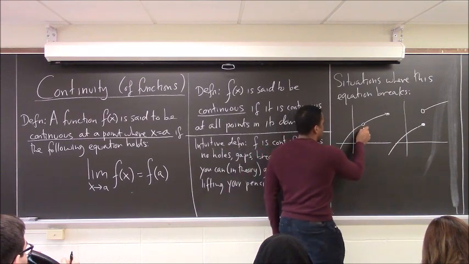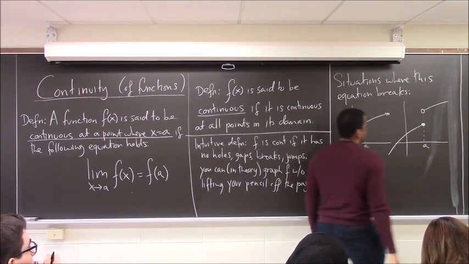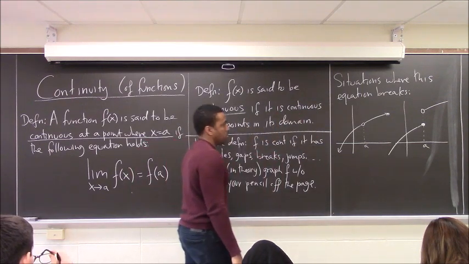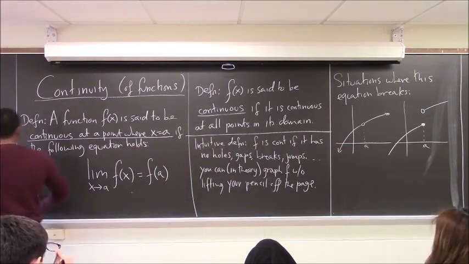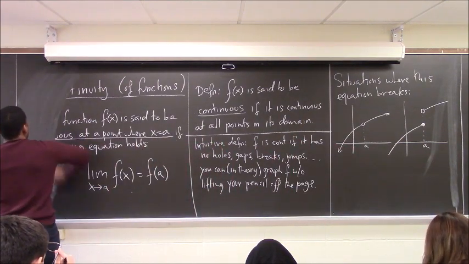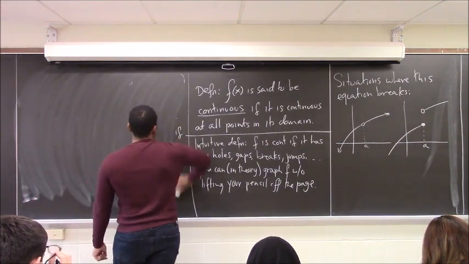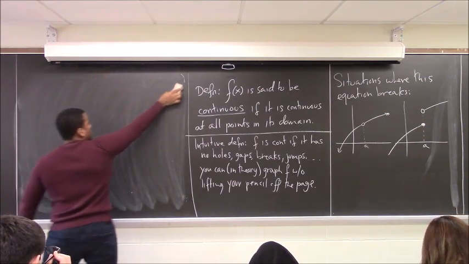So we can be here at the point a, or here at the point a. Let's look at some other situations where it's clearly not continuous. Intuitively we know we can't draw that without lifting up our pencil and having to jump over something.